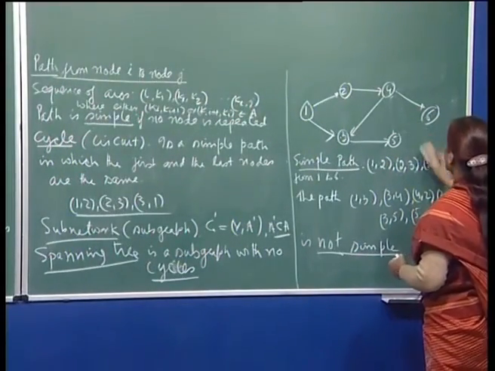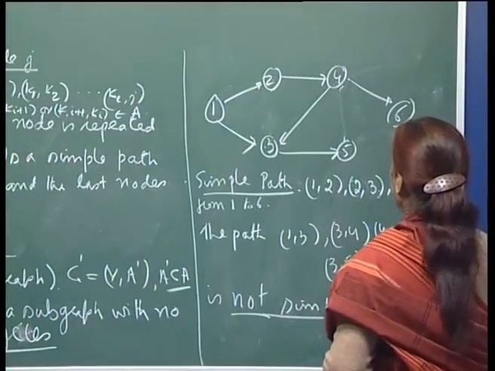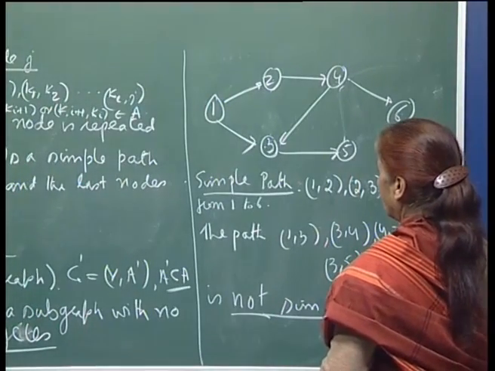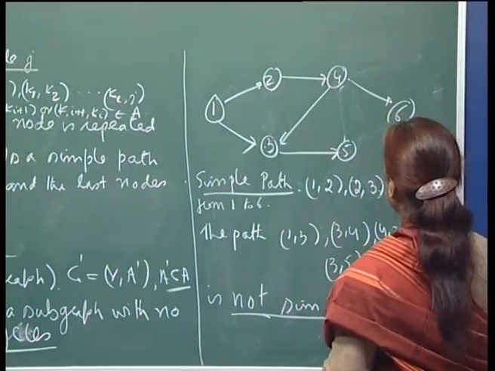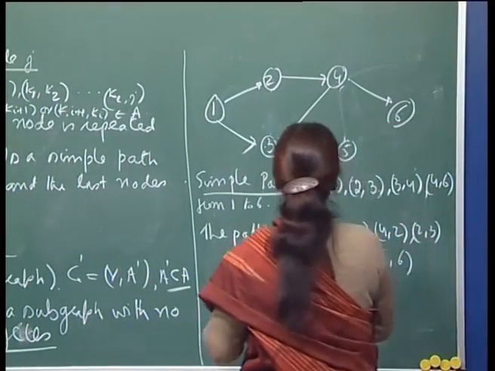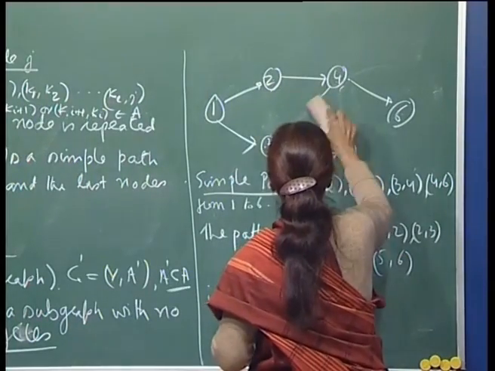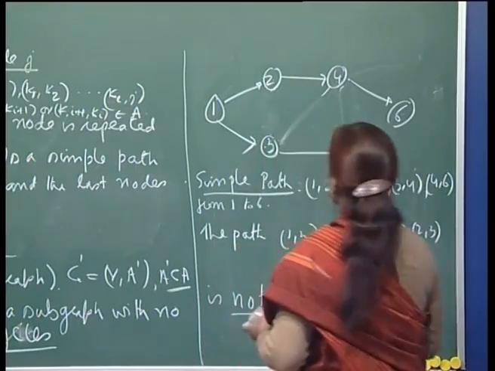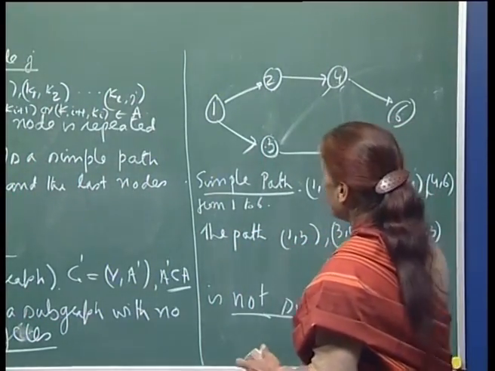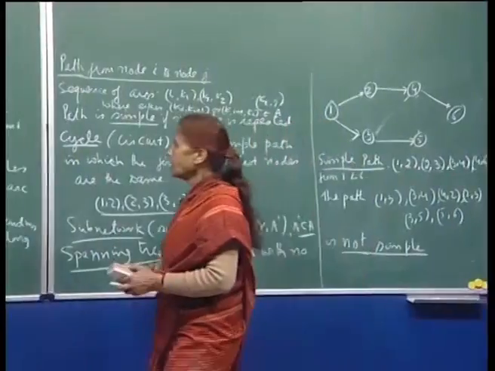So if you remove this, okay, it is a subgraph with no cycles. There is still a cycle here. So this is not okay, because this would have been a cycle, but 2, 4 and 5, yes, this would be a spanning tree. But there is another concept which I should have defined, and that is connectedness.